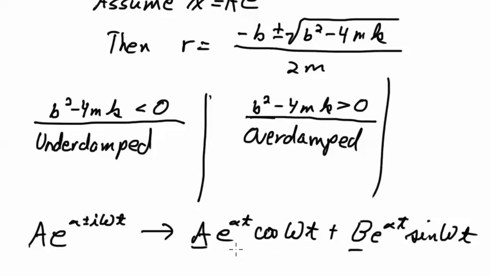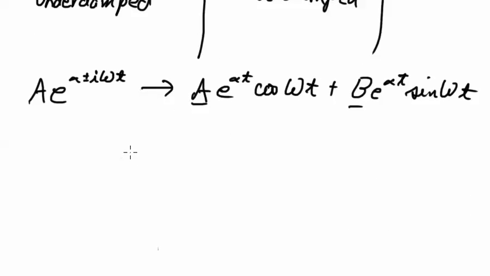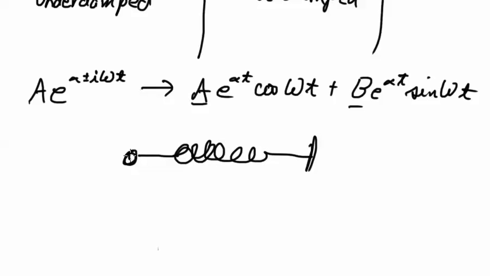And since we will almost always assign a starting point, there's basically two situations. We can hold the spring out and let the object go at time 0, in which case we'll be interested in cosine omega t, or we can have the object at equilibrium and give it a hard shove, in which case we'll be using the sine omega t.